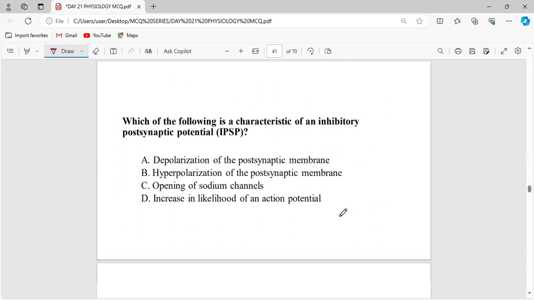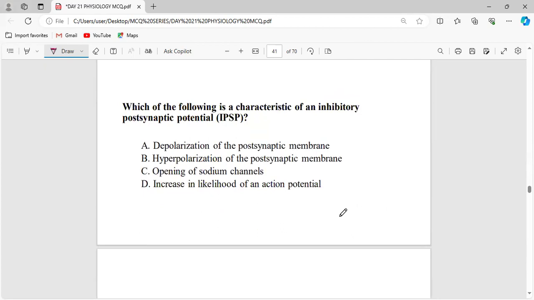Which of the following is a characteristic of inhibitory postsynaptic potential? We have 3 more minutes. Quick. Inhibitory postsynaptic potential, IPSP.